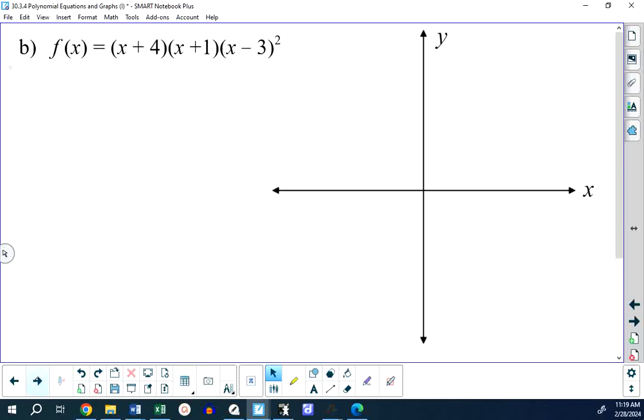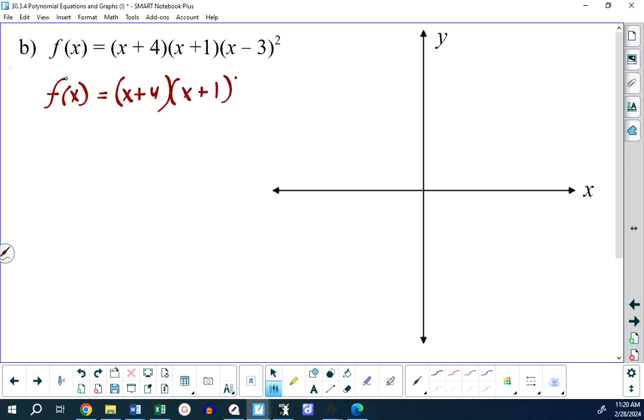Now, what's different about this one? And I want to keep bringing up what Paige and I were talking about yesterday at the end of the class. If we expand this out, we're going to get an x to the 4. Because what this polynomial function says is f of x equals x plus 4 multiplied by x plus 1 multiplied by x minus 3 multiplied by x minus 3.